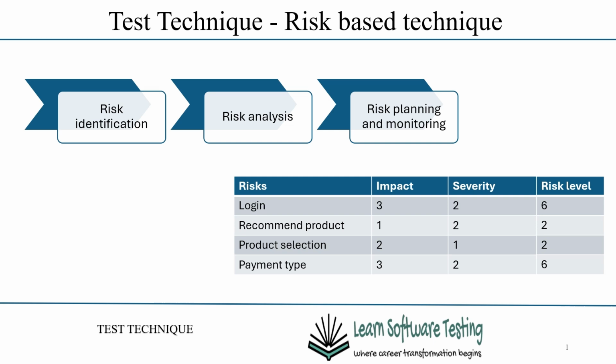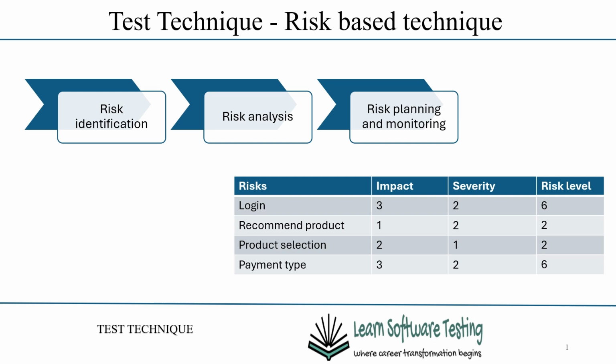So as you can see with the risk levels, we have some that are really high, like 6 for login and 6 for payment type. We have some that are really low, like 2 for recommend product and 2 for product selection. So if we were to plan the testing based on the risks we've identified here, we would obviously put more effort into testing the login feature and the payment type because the risk level is higher.